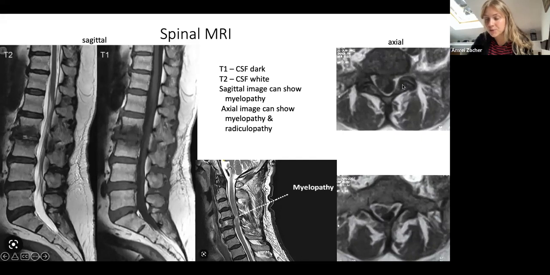And if you see that there's no space here, and you have the clinical presentation of the patient that goes accordingly, you can see that you have radiculopathy. In this case, you can see that it's a disc protrusion, because this one here is a little bit darker than this part. So this is the protruded disc which went into the central canal and which compresses the spinal cord over here.